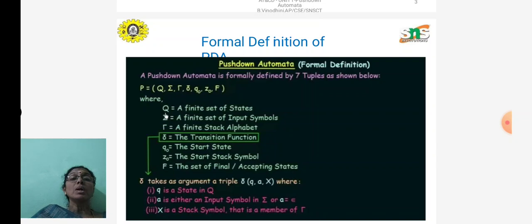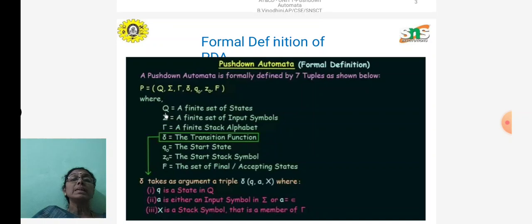Next is q naught, the starting state, and z naught is the start stack symbol, and F is a set of final or accepting states. So these are the 7 tuples the pushdown automata should contain. This is the formal definition of the pushdown automata. So we have a combination of finite state automata and stack.